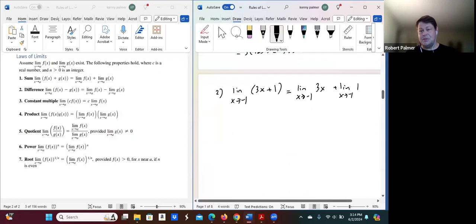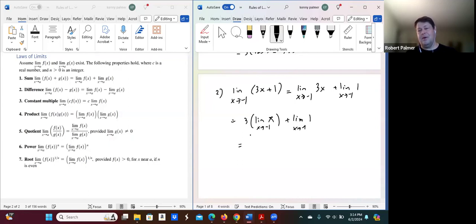And then I can also use that same rule of the constants. I can make this 3 times the limit as x goes to -1 of x, and then plus the limit as x goes to -1 of 1.